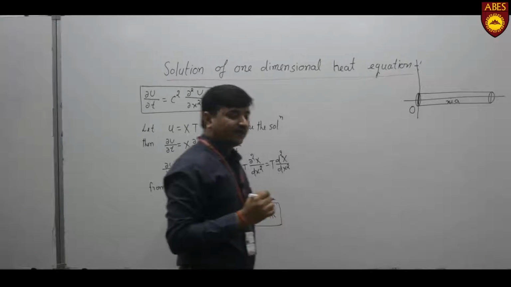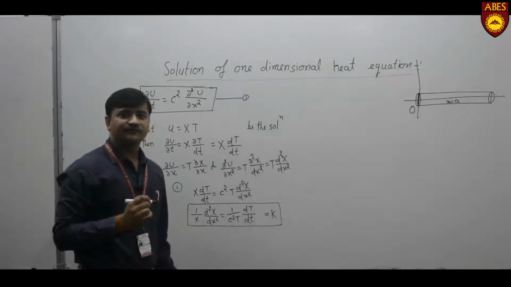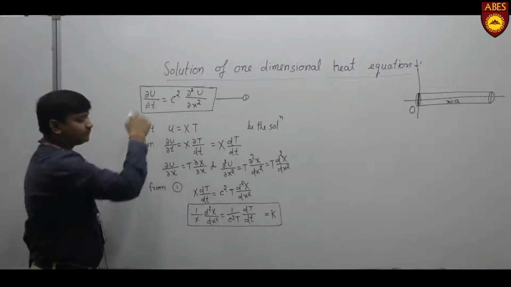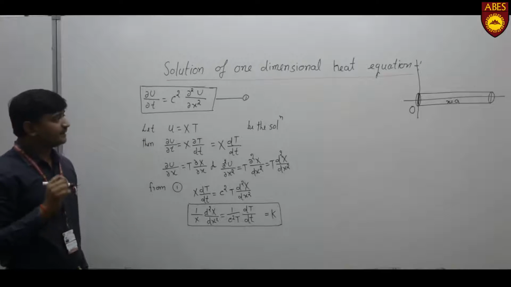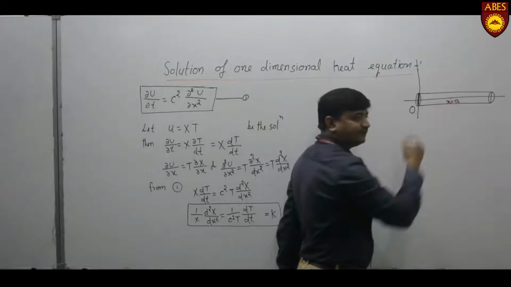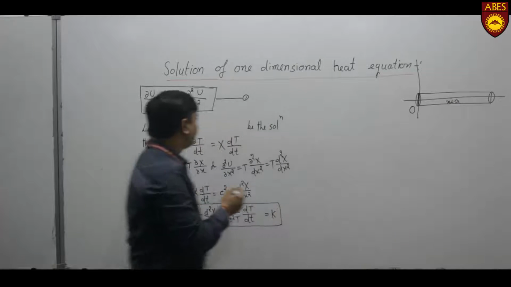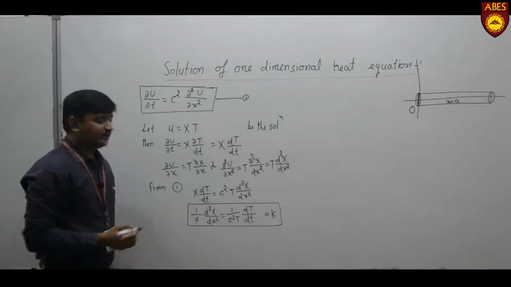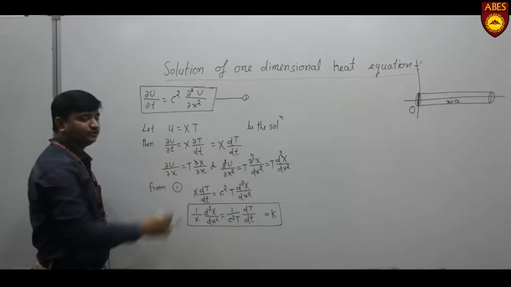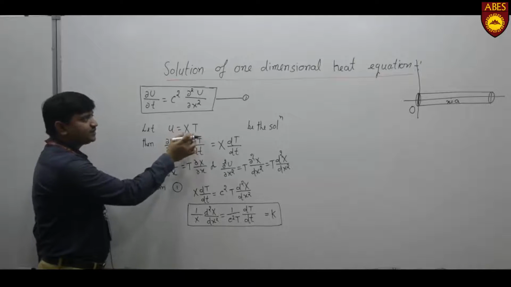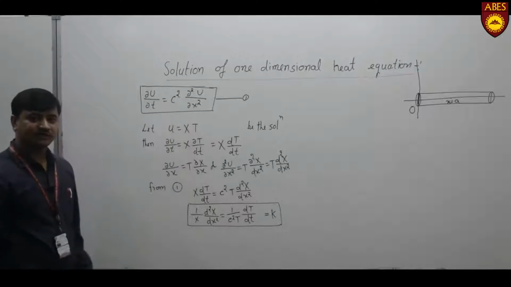The small t denotes the time at which we have to find the temperature, and small u denotes the temperature at any point at any given time. The solution of this particular differential equation is taken as u = X·T.